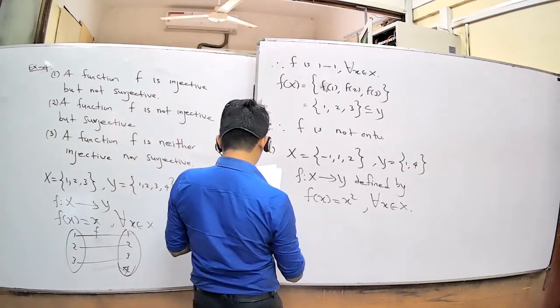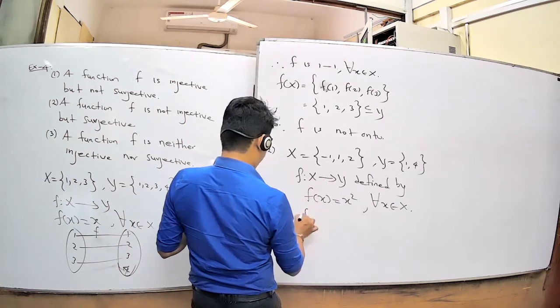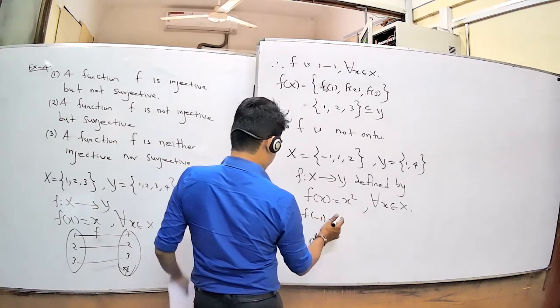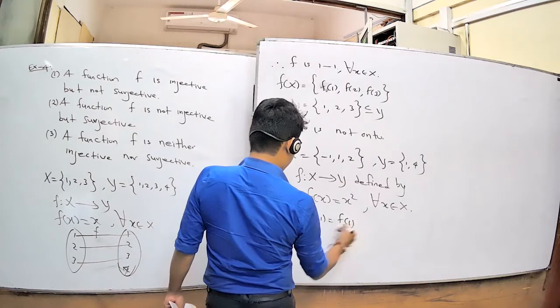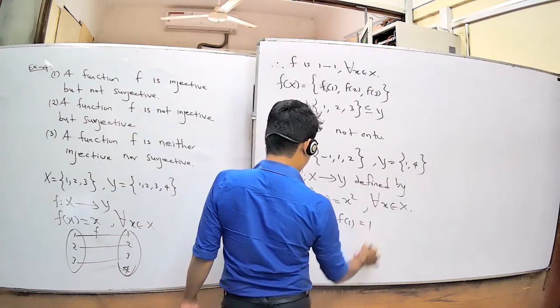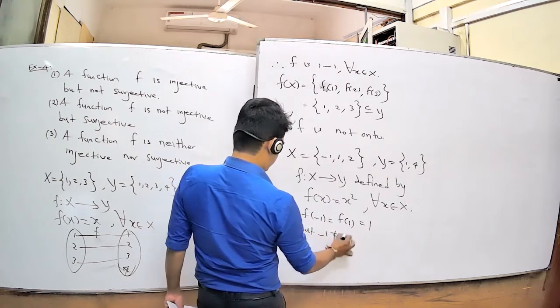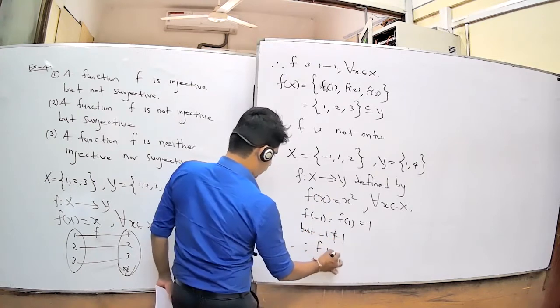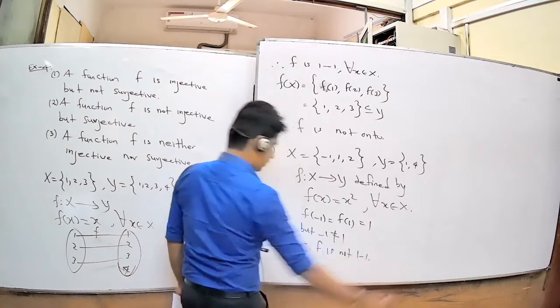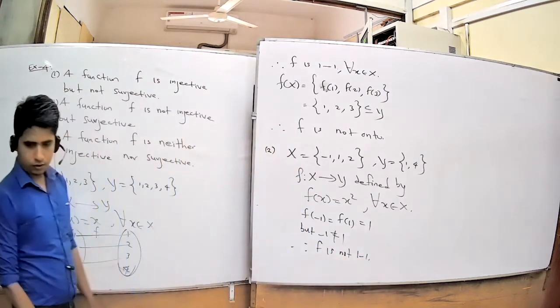Why is f not one-to-one? Take f of minus 1 and f of 1. Both are equal to 1, but minus 1 is not equal to 1. Therefore, f is not one-to-one.